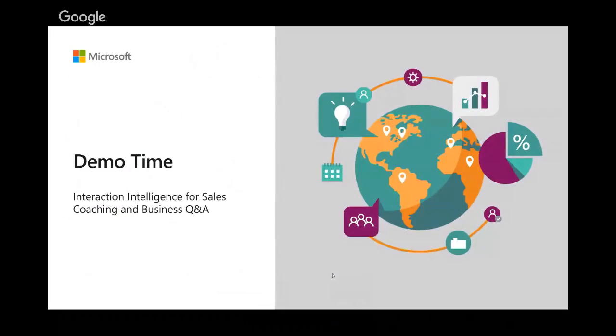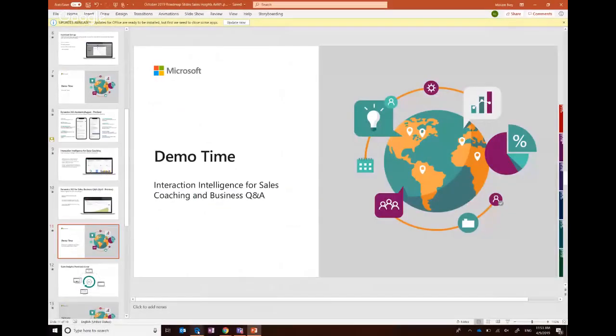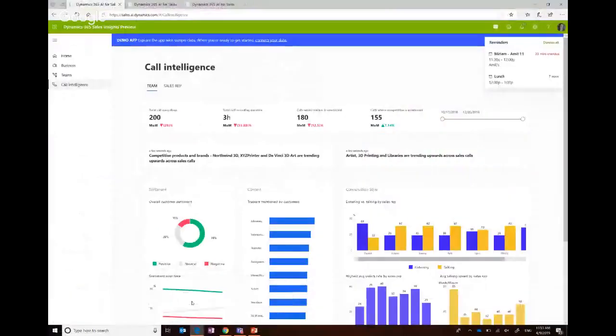All right, let's switch to the second set of demos. So as Amit mentioned, one of the features that we're bringing out is the call intelligence or interaction intelligence scenario. In call intelligence, what we do is we help managers get insights into what is happening between their sellers and the customers.